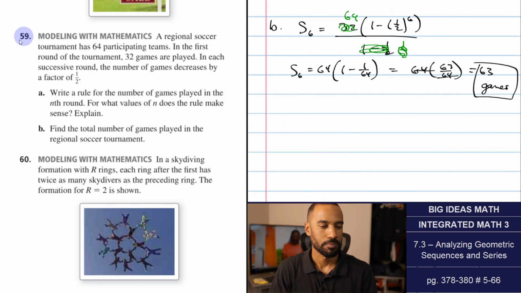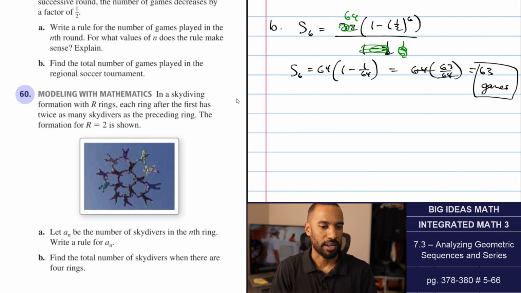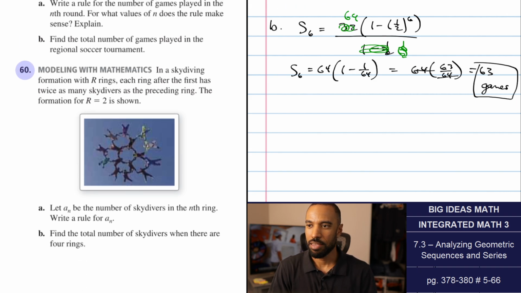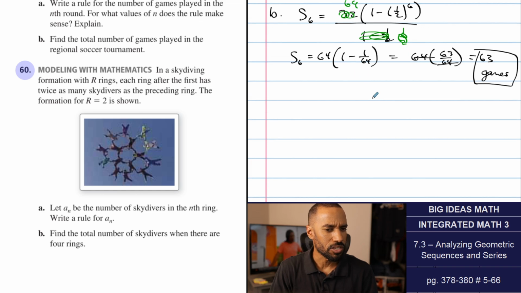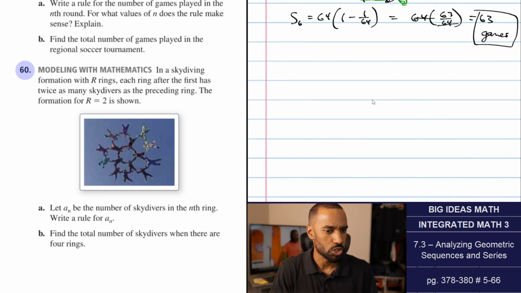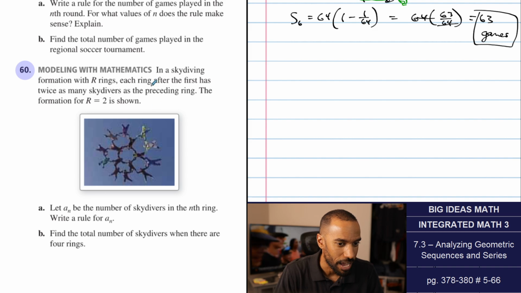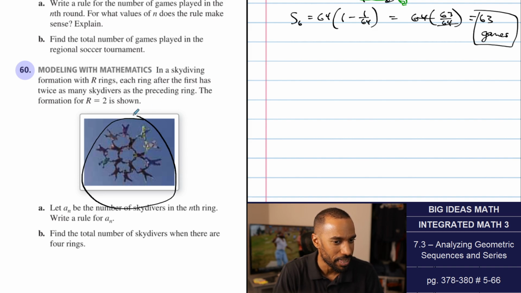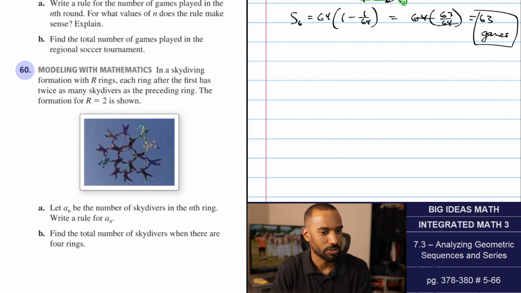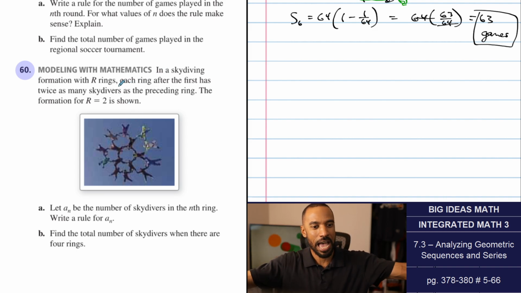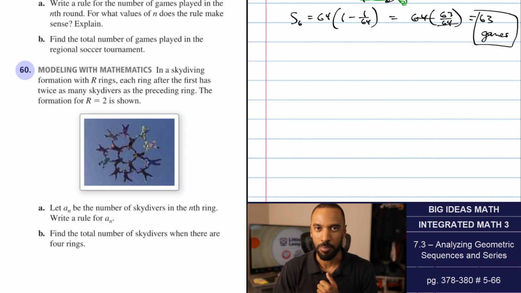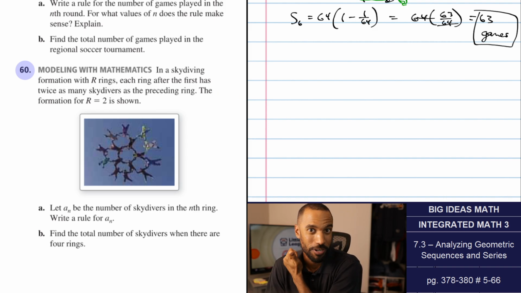Okay, number 60. Modeling with mathematics. In a skydiving formation with R rings, each ring after the first ring has twice as many... Oh, those are skydivers. I know I read skydivers, but I thought these were like fractals. Those are people. They're like holding on. It's the barrel of monkeys from IM3. Or it's skydivers.